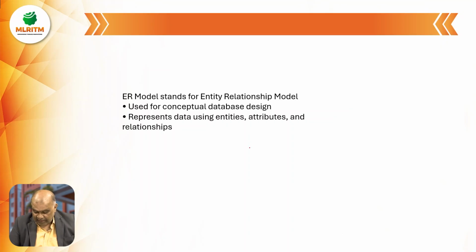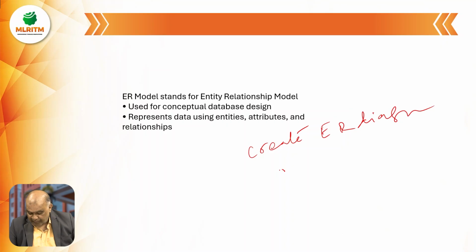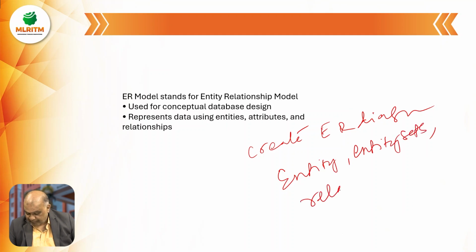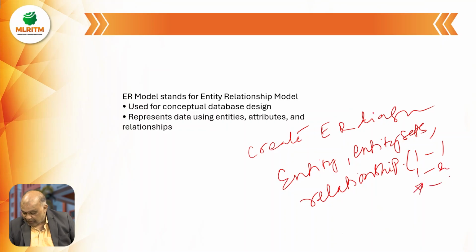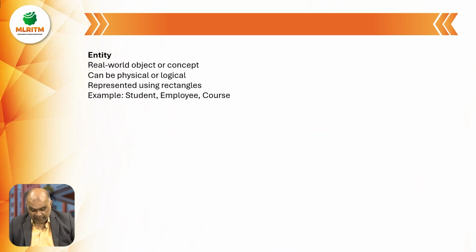We are going to create one ER diagram with entities, entity sets, and relationships. Relationships are one to one, one to many, many to one, and many to many, so we have four. If you create an ER diagram with all these concepts, then it becomes the conceptual database design. We'll be discussing that.